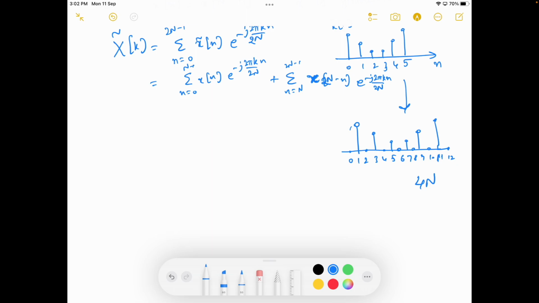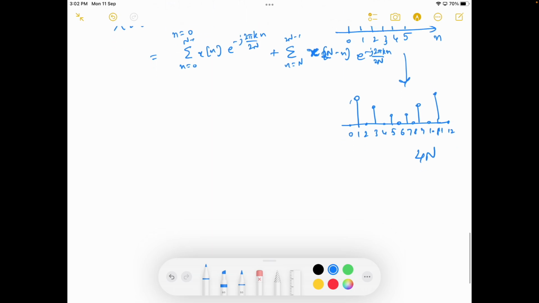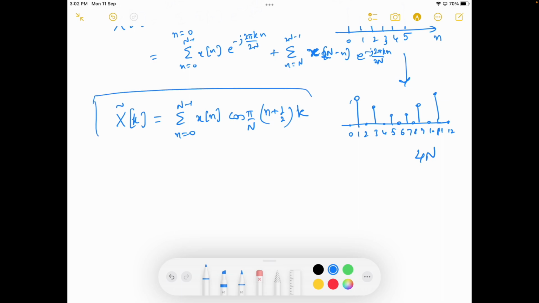So finally, the formula which you get will be like this. My x tilde of k is equal to summation x of n, and so on. This is the formula for the discrete cosine transform.